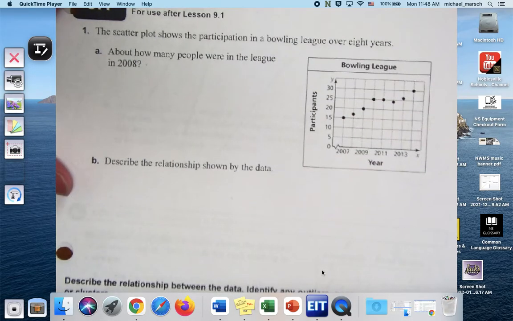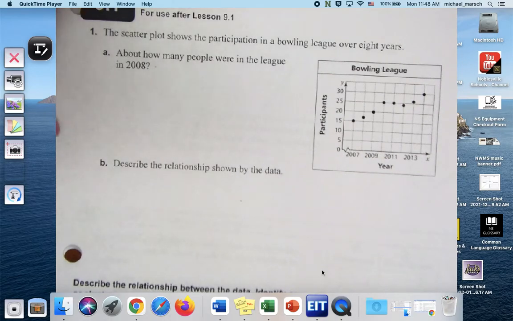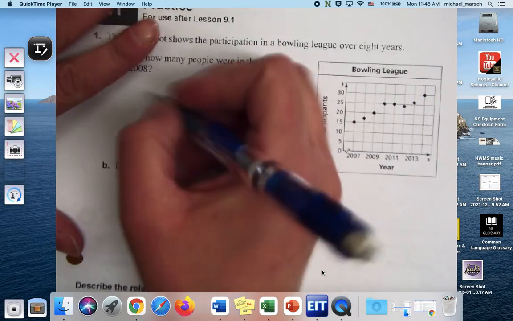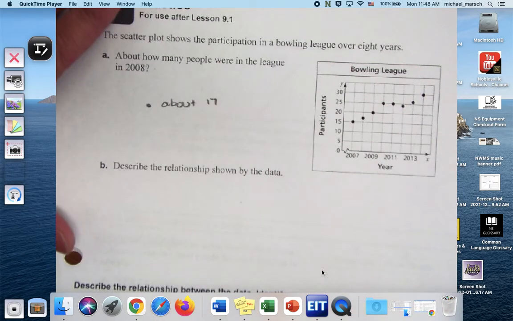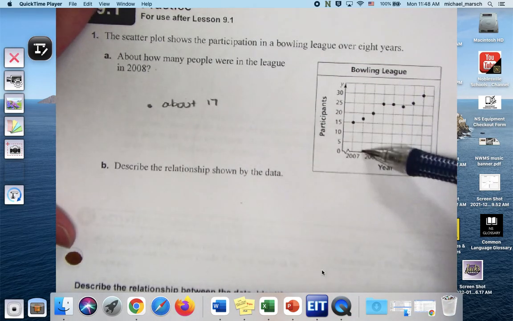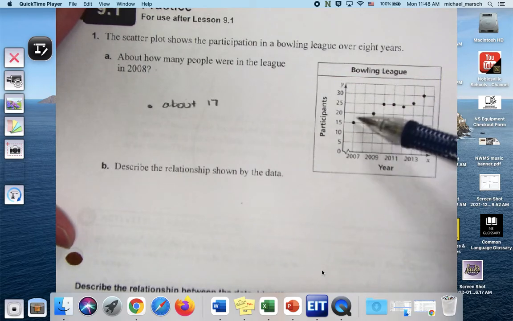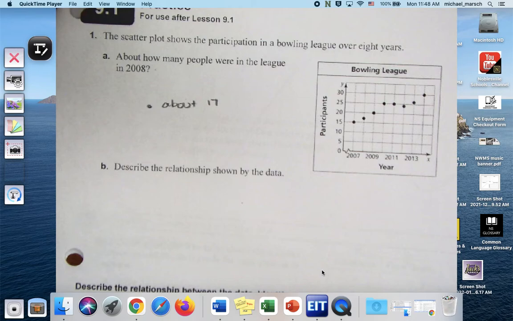Okay. About how many people were in the league in 2008? About 17. How did you know that? Yeah, so you go to where 2008 would be. This is about 17. We can't have half a human, so we say 17 instead of 17 and a half.